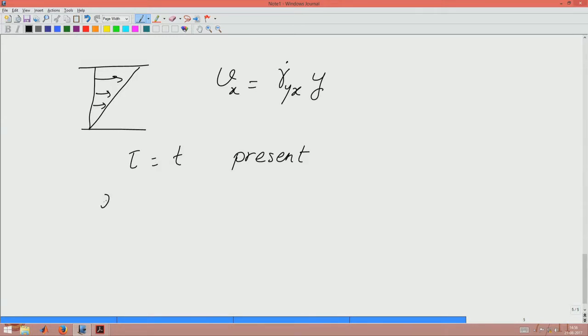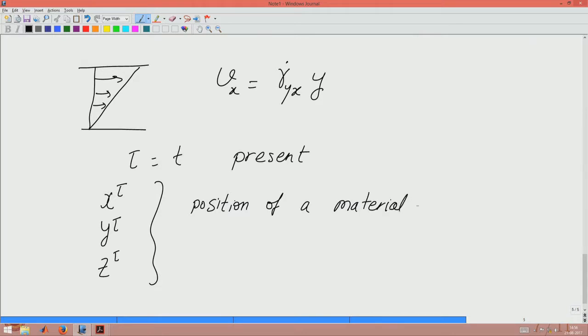So, we will indicate x tau, y tau and z tau as the position of a material particle at time tau.